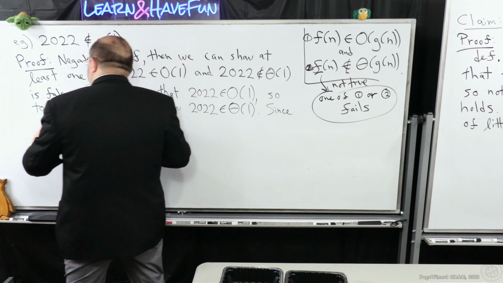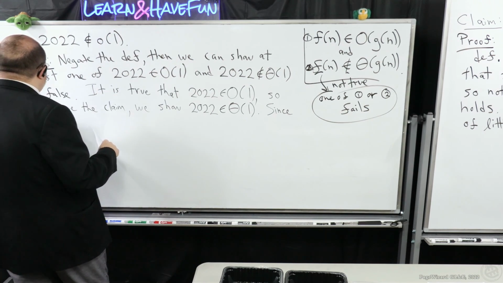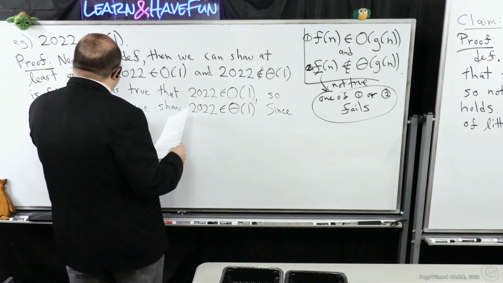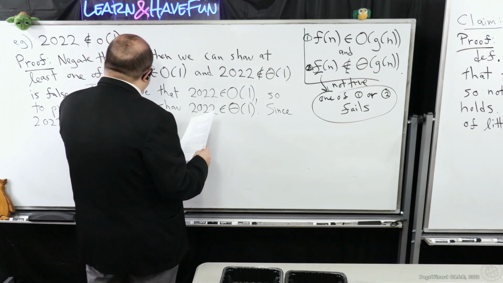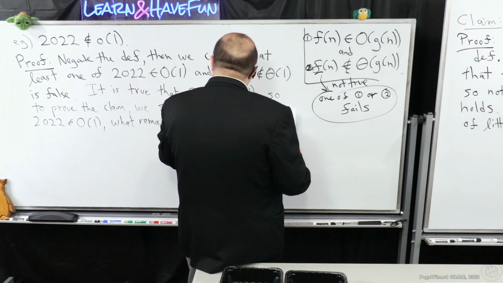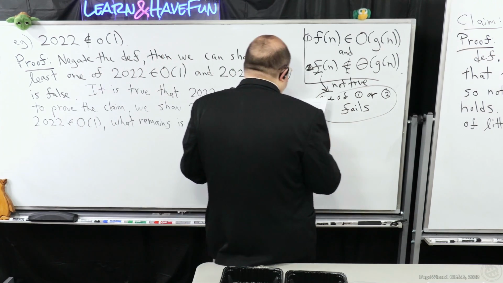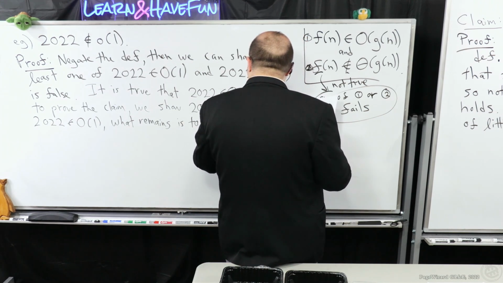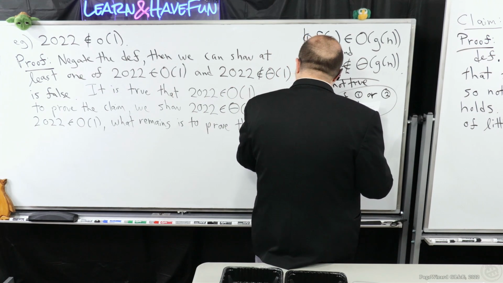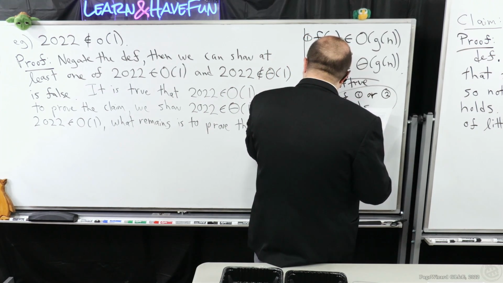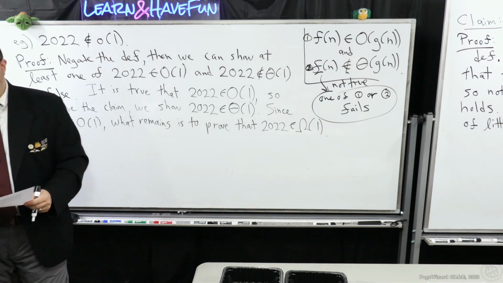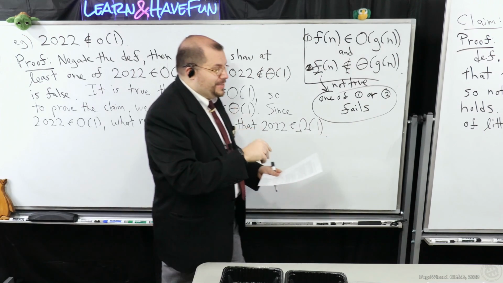Since 2022 is big O of 1, what remains is to prove that 2022 is big omega of 1. So if we can prove that, then we're done. Does everybody see that? So that's all we got to do.